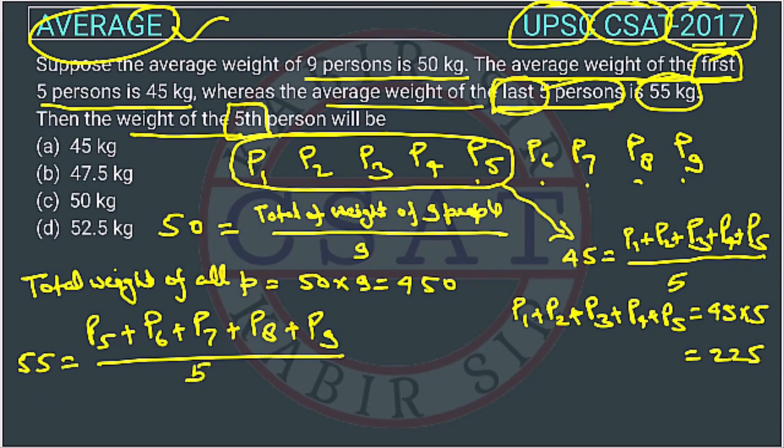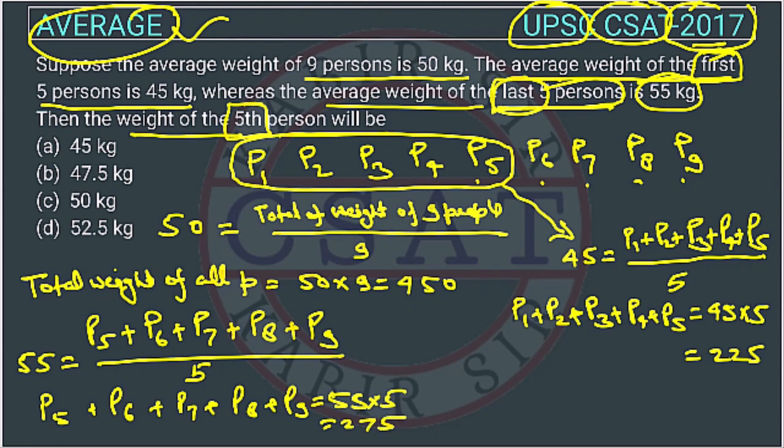So from here we can get the total weight of these people. P5 plus P6 plus P7 plus P8 plus P9 is equal to 55 into 5, which is equal to 275, right? Now we know the total weight of all the people and we know the weight of these two groups, right?